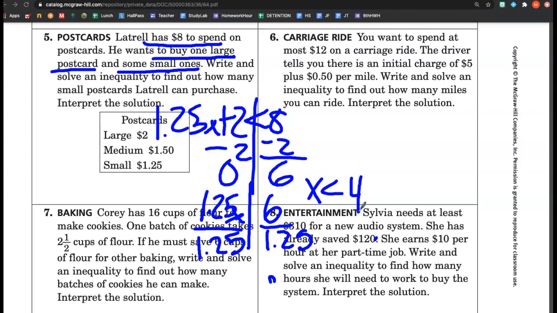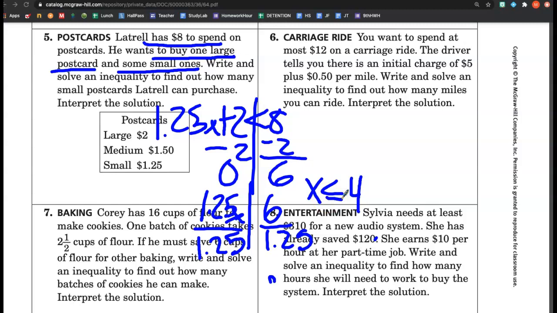My only question for you guys is, could I spend $8? Yes, I could spend that whole $8, so it'd be less than or equal to 4. And you get 4.8, right, when you guys divided?